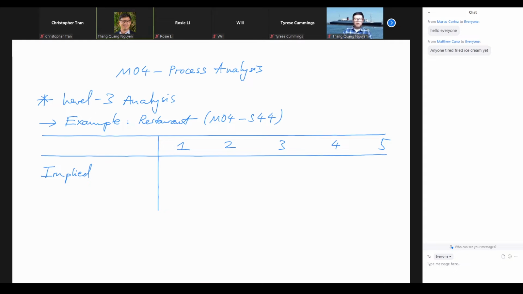Oh, Matthew, we got a question about that. You can try to make the ice cream by yourself, but you need to be very, very careful with it because the oil is hot, right? You don't want to drop the ice cream bowl into the oil.